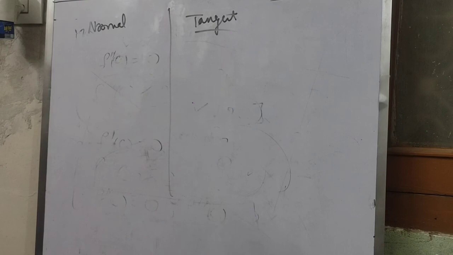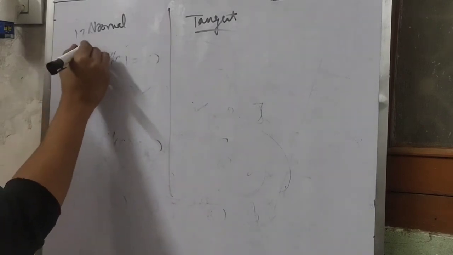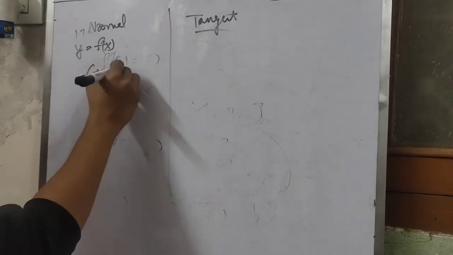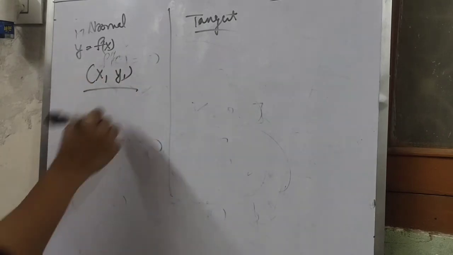What I want to do is find the equation of a tangent for a curve. When y is equal to f(x), y is a function of x, and x1 and y1 are the point on it. How will I calculate the equation of the normal, and how will I calculate the equation of the tangent?